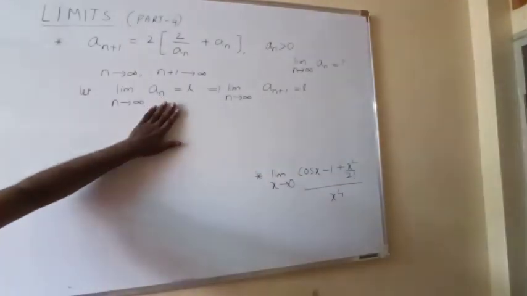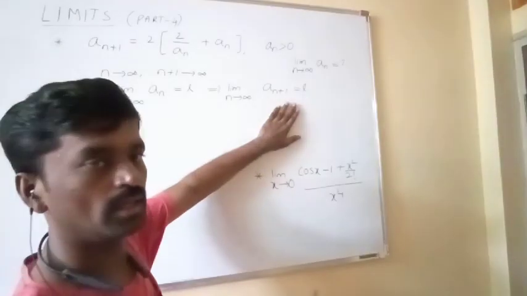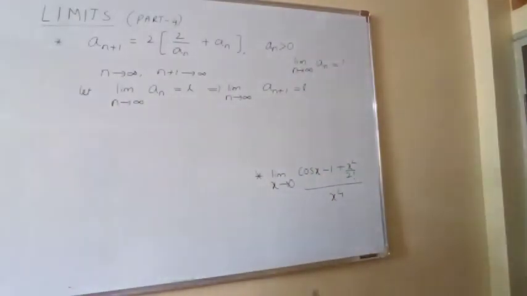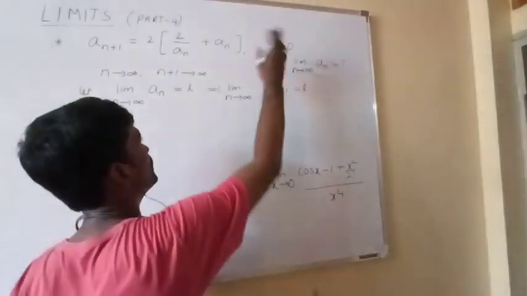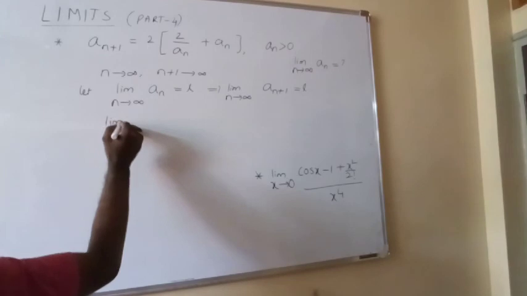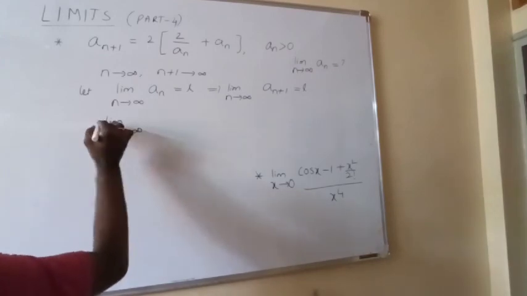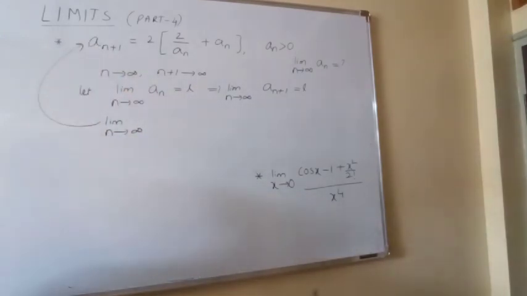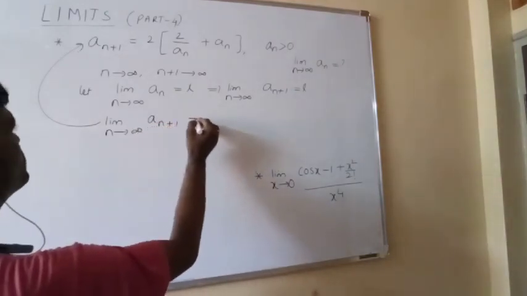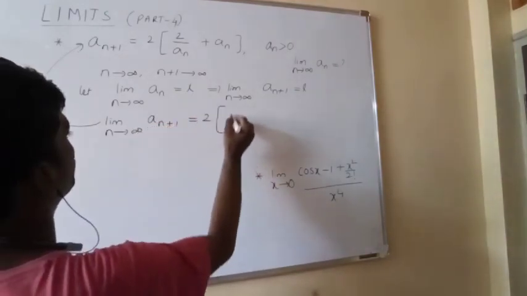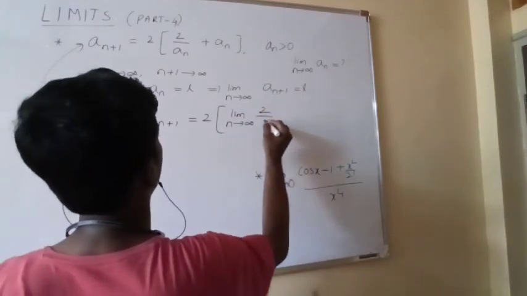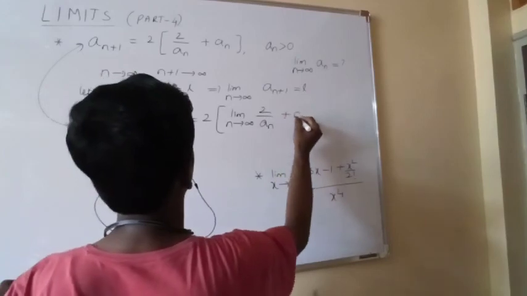If I assume this is L, then this is also L. According to the question, we have to find the L value, and L must be positive. So applying limit n tends to infinity on both sides of the given condition, limit n tends to infinity a n plus 1 is equal to 2 times of limit n tends to infinity 2 by a n plus a n.